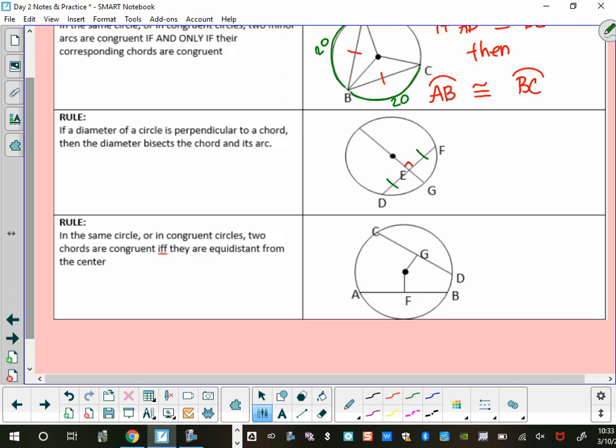So we can write this segment DE is congruent to segment EF, then arc BG is congruent to arc GF.